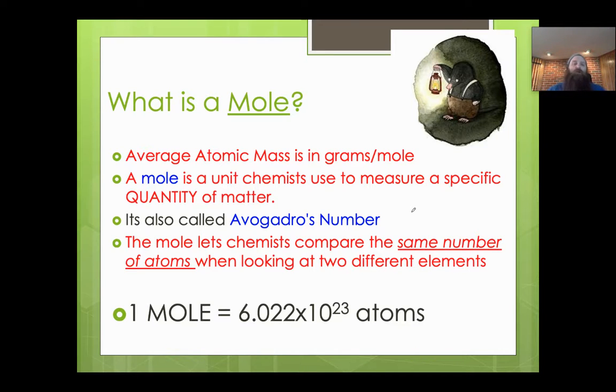All right. We use Avogadro's number in order to express the mole. And what a mole allows us to do is compare apples to apples. If I have one atom of carbon and I want to compare that to one atom of oxygen, well, they're different atoms, so they're kind of hard to compare. On the other hand, if I have one atom, that's a really small number of atoms, right?